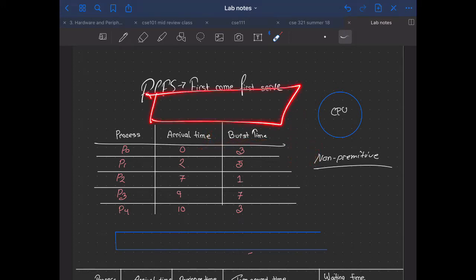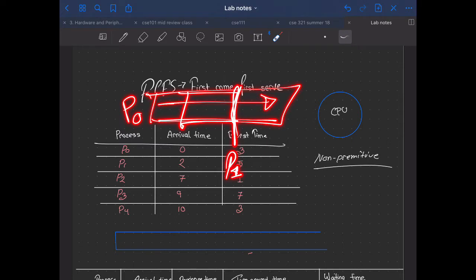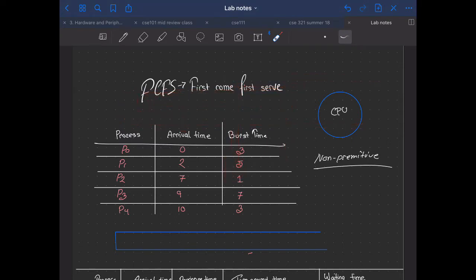Let's say P0 has started its work and suddenly P1 comes in. Your OS wouldn't switch between them. It would let P0 do its thing, let it work, then P1 can take the CPU and make use of its resources. This is why it's called a non-preemptive algorithm.